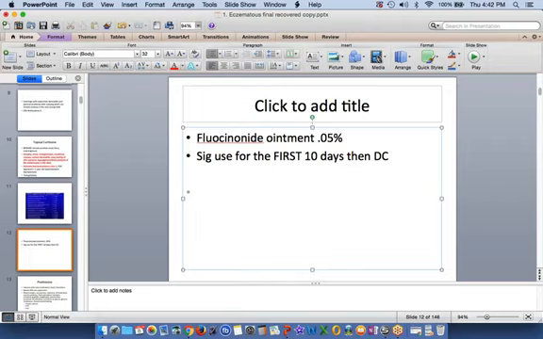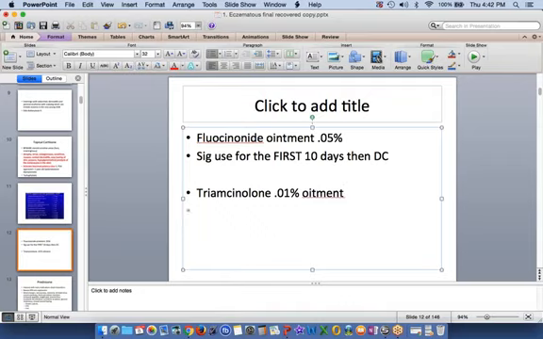But now I said to the patient, if you get much better within 10 days, stop using the medication and start using something of a lower strength, such as triamcinolone 0.01% ointment.